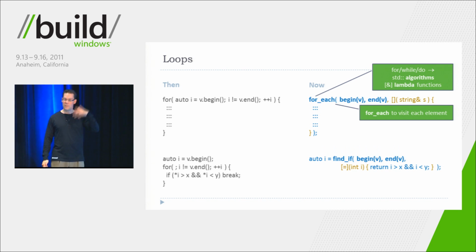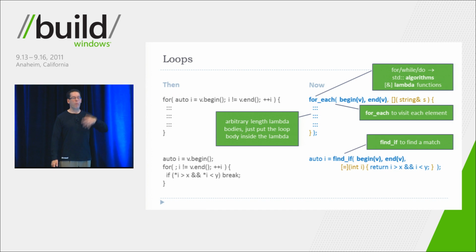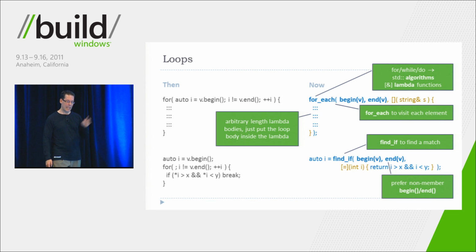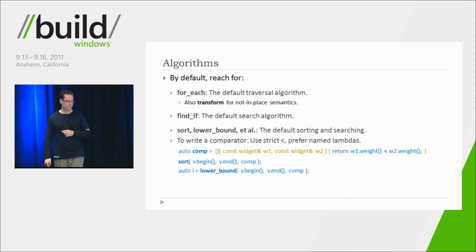Whenever you have a loop to visit each element, ask yourself, why am I not writing for_each? And if you're looking for an element, ask yourself, why am I not calling find_if? And there are also binary searches available as well. And prefer non-member begin and end. So by default, reach for for_each and find_if.